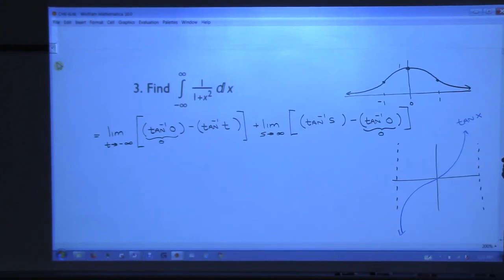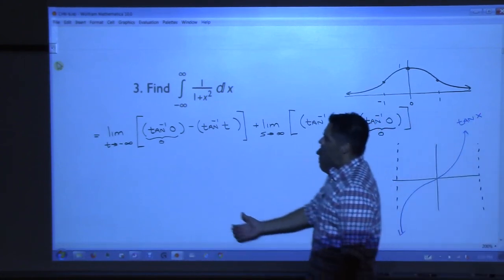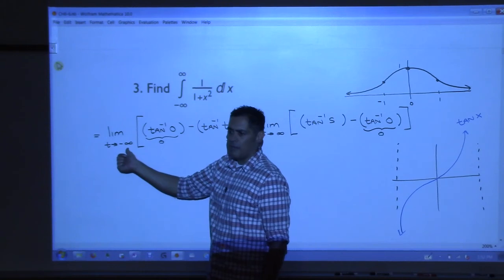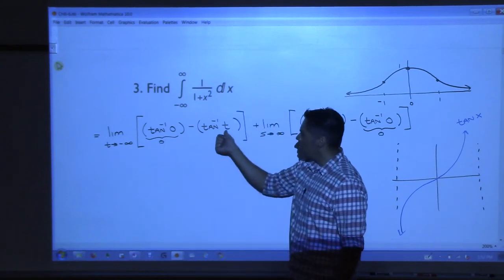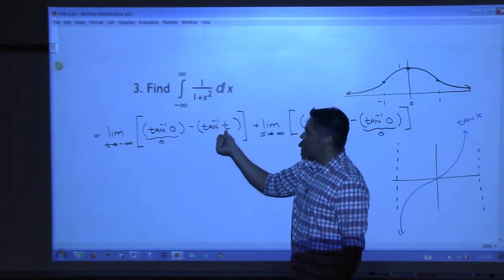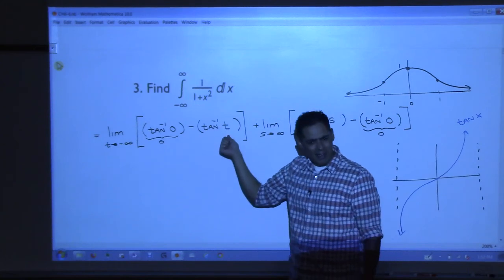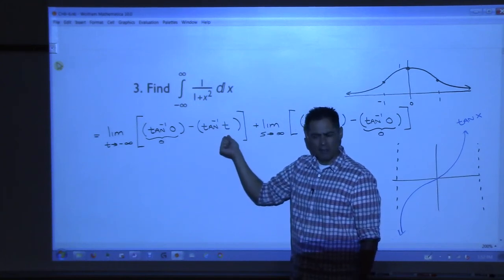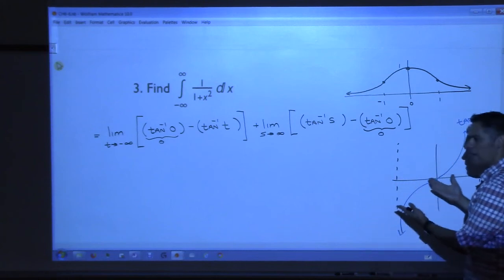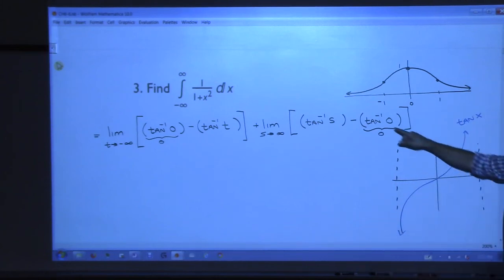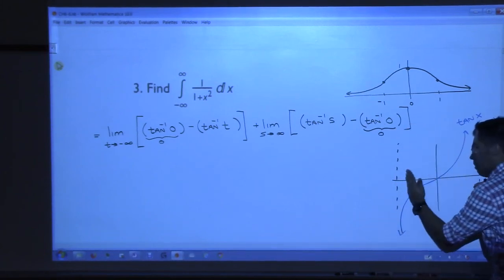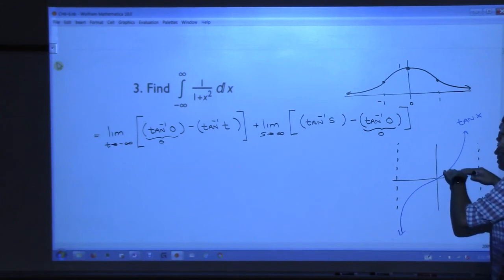Now, let's take a limit. Are you ready for these limits? This is going to be kind of weird. Okay, I'm going to let t go to negative infinity, right? What? Arctangent of negative infinity? So you come back here, and you know how arctangent of 0 said, where on the x-axis is our y-coordinate 0?